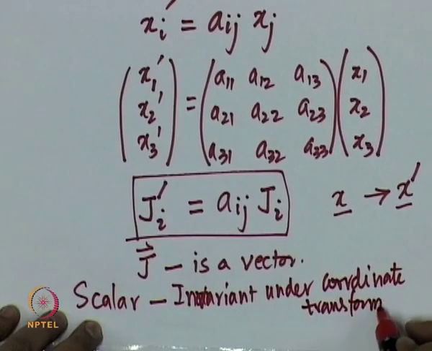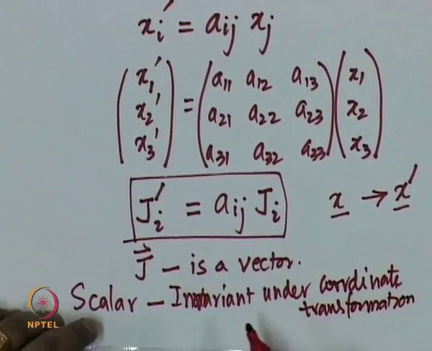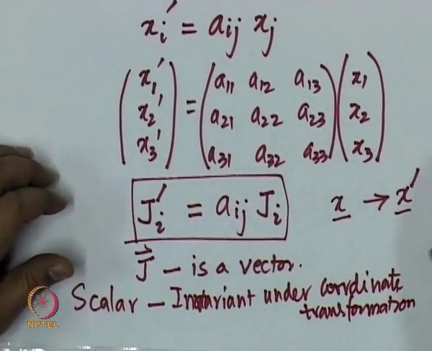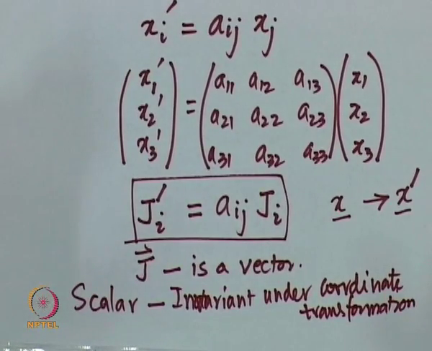I have the density of a material, it does not matter whether I refer to some frame of reference or some other frame of reference, okay. Or if I have temperature at some point, it does not matter what frame of reference I use, the temperature is a quantity which is independent of any frame of reference description, because it is a quantity which does not require any direction information, because it is just a number. So, it does not matter what frame of reference.